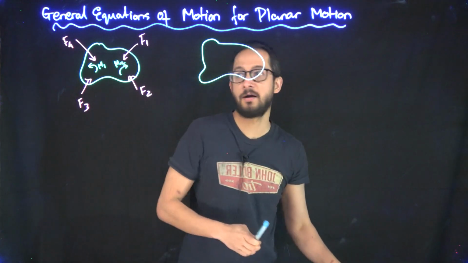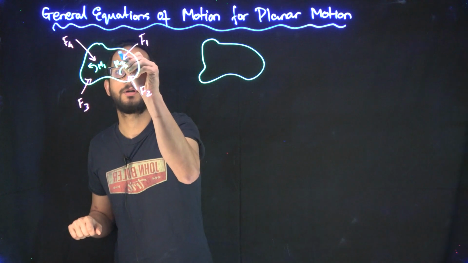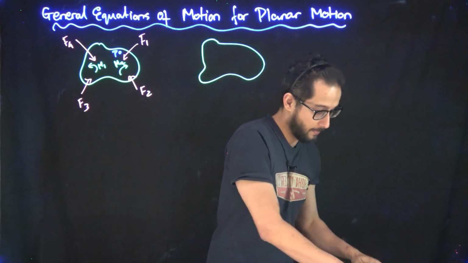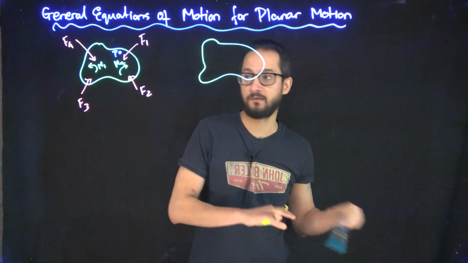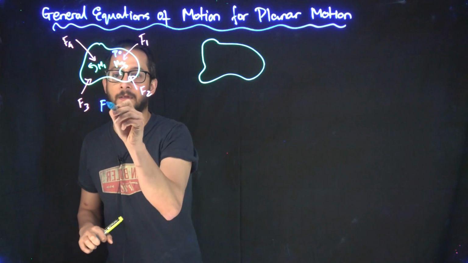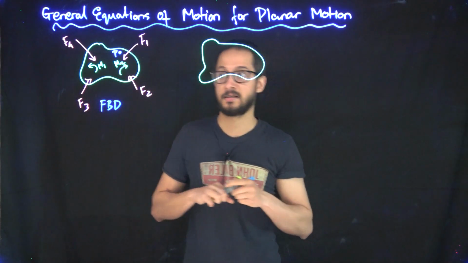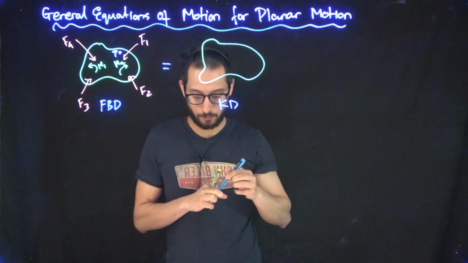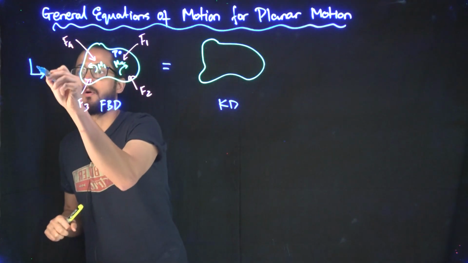And then there's a random point P that we're interested in looking at. So call that point P. This is the FBD. That defines all the forces and the moments that are acting on the body. So this is equivalent to the kinetic diagram.